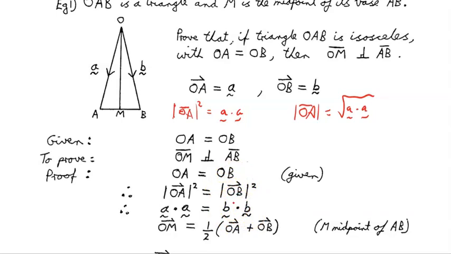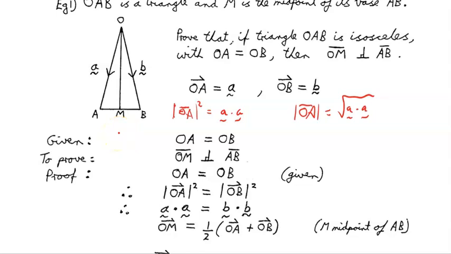If we look at the diagram here, we can see that OM could be made by the addition of the vectors OA plus OB, and then halving that result.